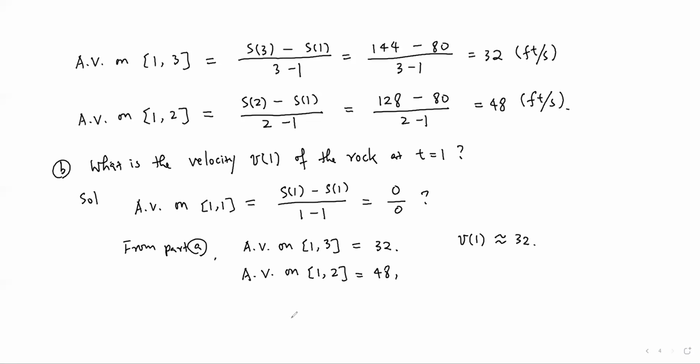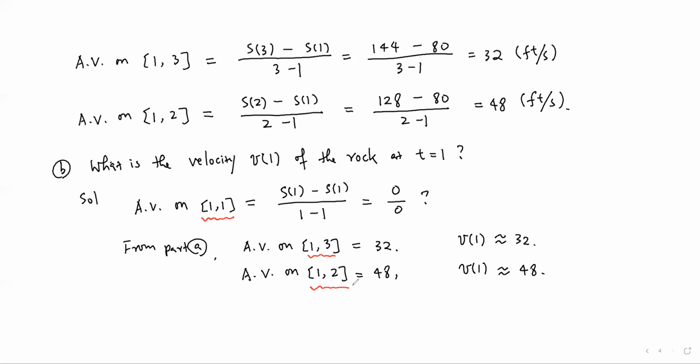This interval is closer to the interval 1 to 1 than the other one. So 48 is a better guess. Instantaneous velocity at 1 now, I guess, is 48.